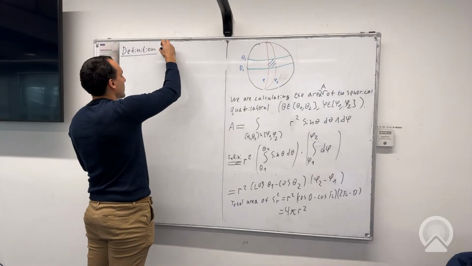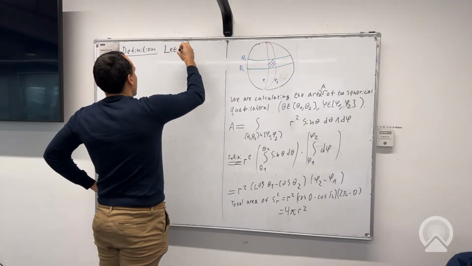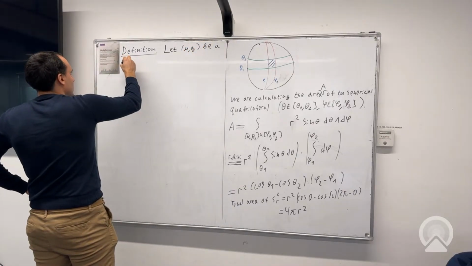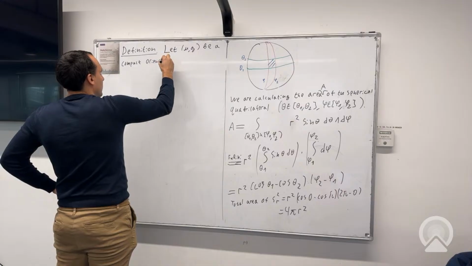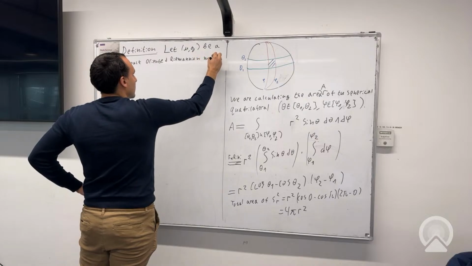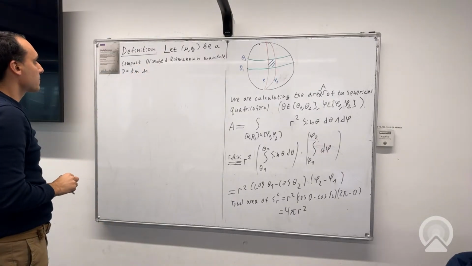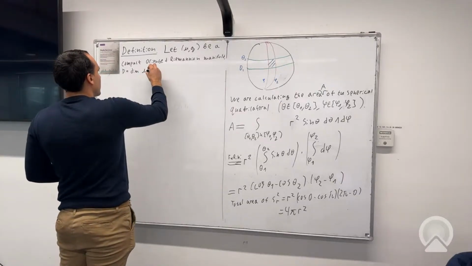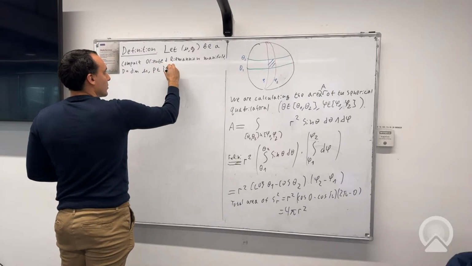So let M, g be a compact oriented Riemannian manifold. d is the dimension of M. And p is a positive integer from 1 to d.